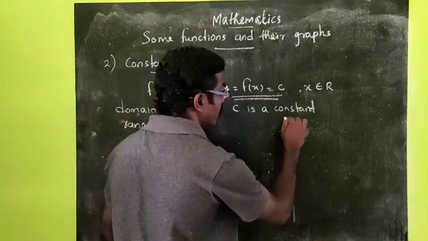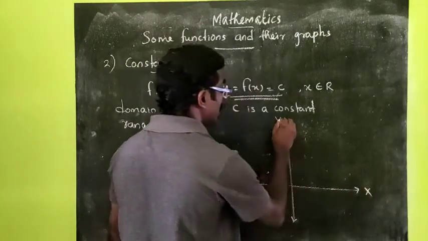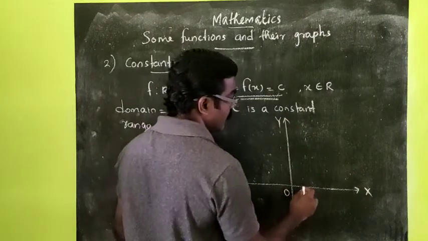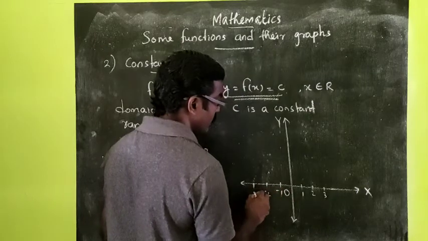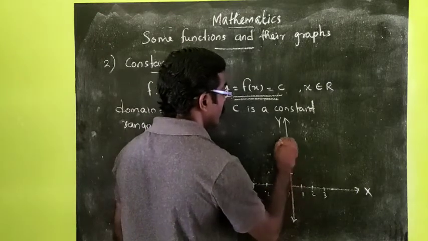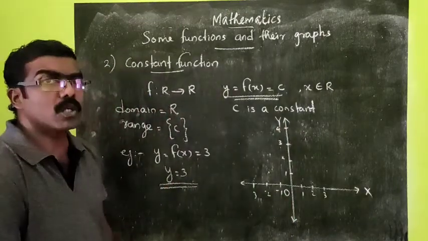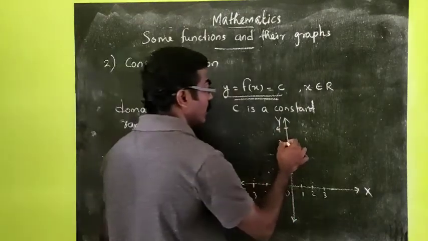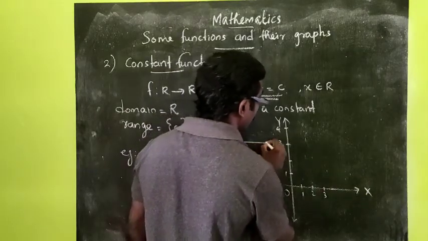So here we can draw the graph. x-axis, y-axis. Can plot some points. So here it is y equal to 3. So we have to draw a line which passes through the number 3 and which is parallel to the x-axis.